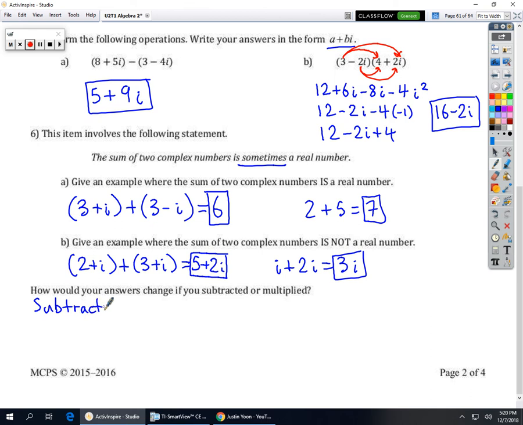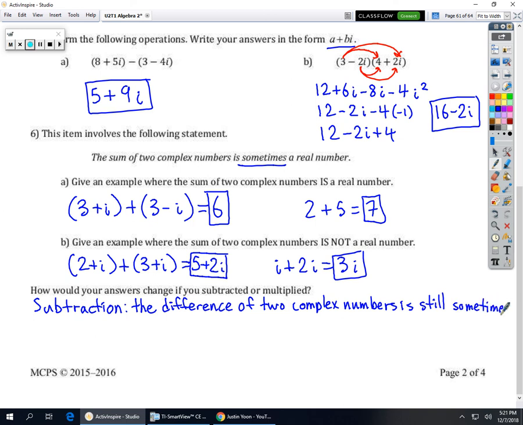The difference of two complex numbers is still sometimes a real number.